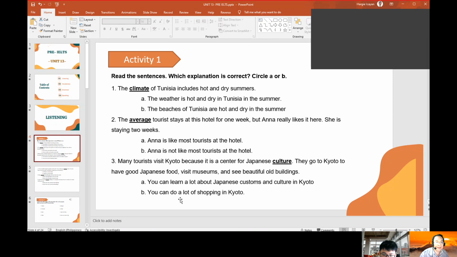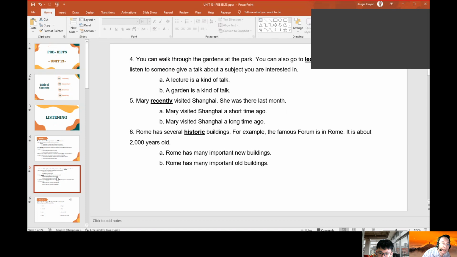It means you can learn a lot about Japanese customs and culture in Kyoto. Yes. Actually, we can also say customs or traditions when you say culture. So that's correct.